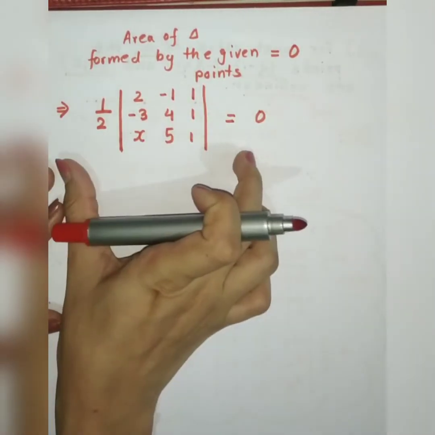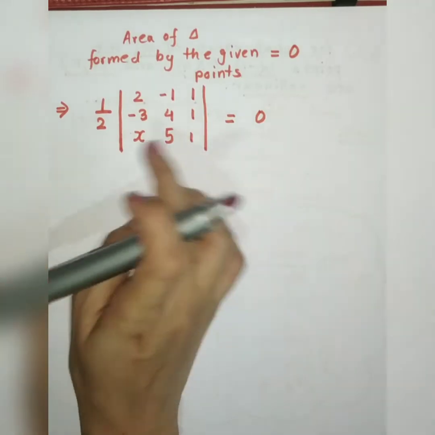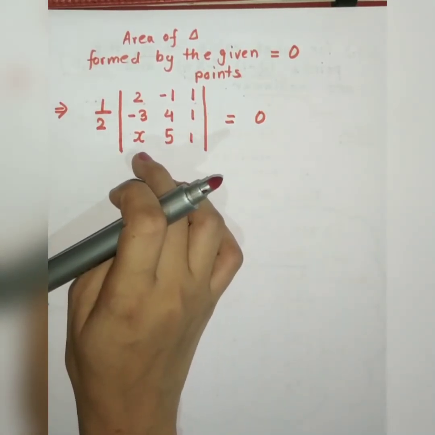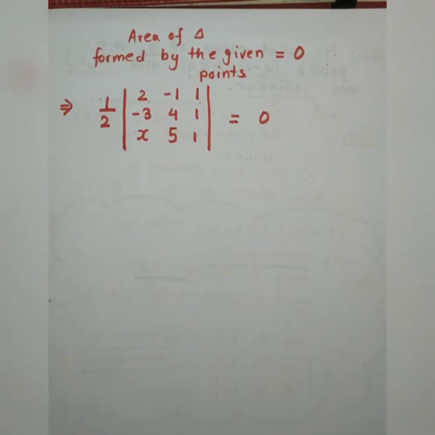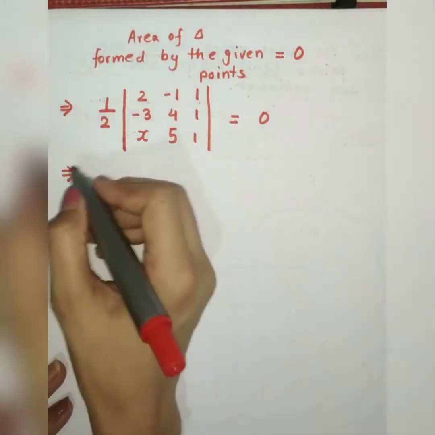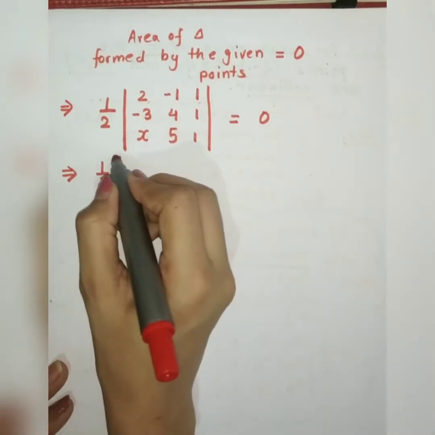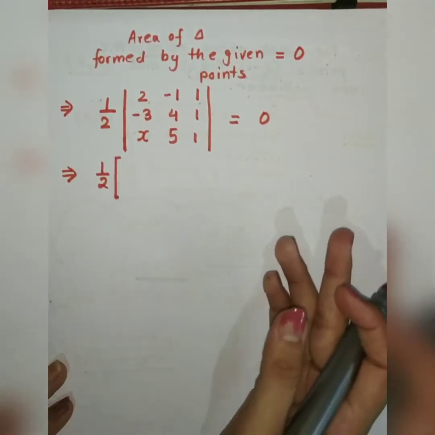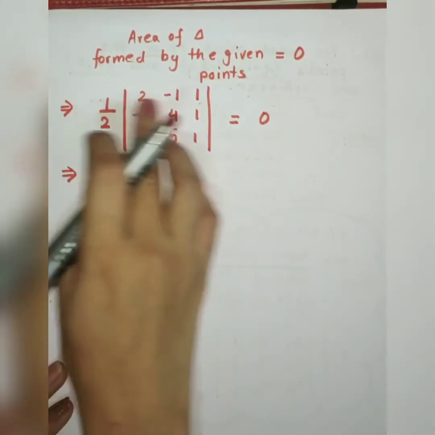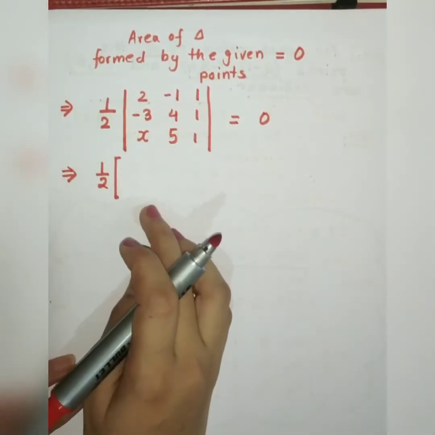Now by solving this determinant you have to find the value of x, and this is what we have to find in our question. We have to find the value of x for which the given 3 points are collinear. So let us solve this equation. It's up to you from which column or along which row you expand.